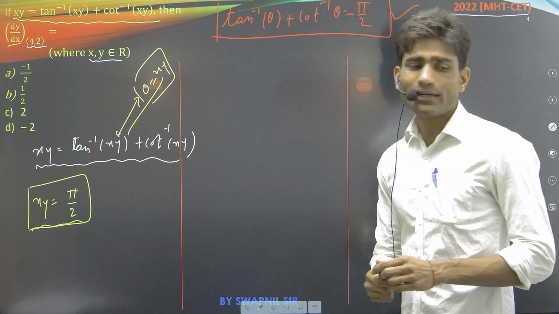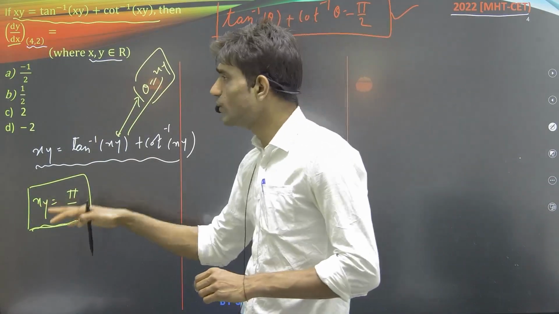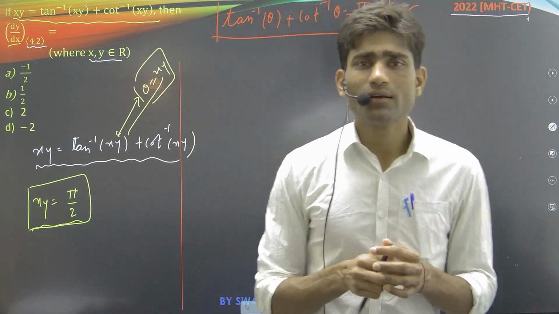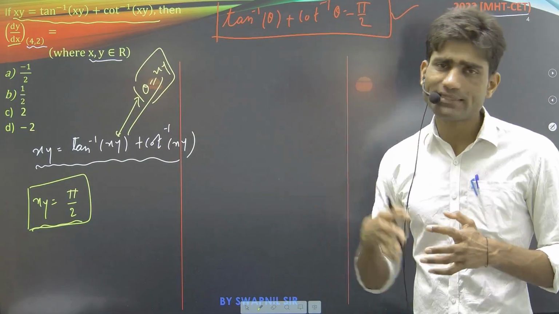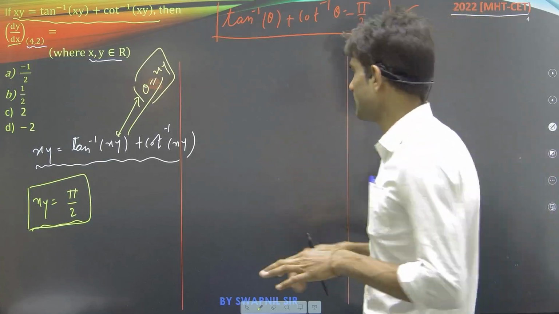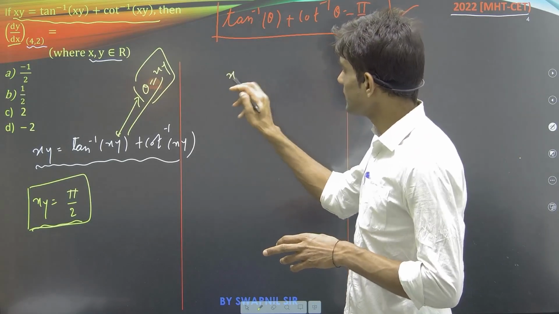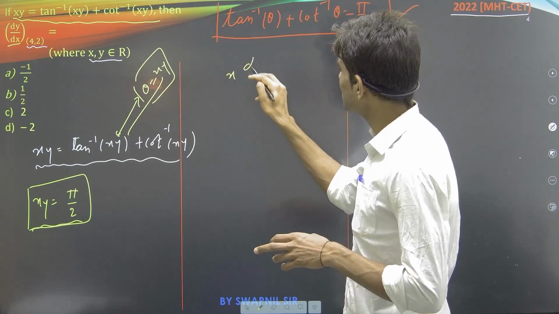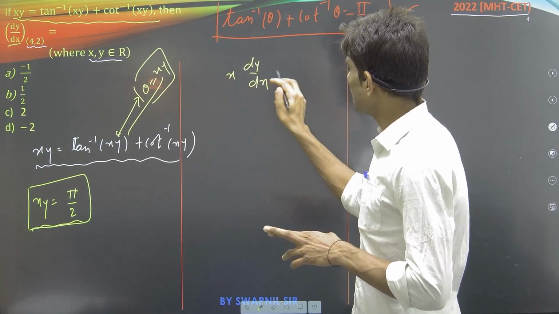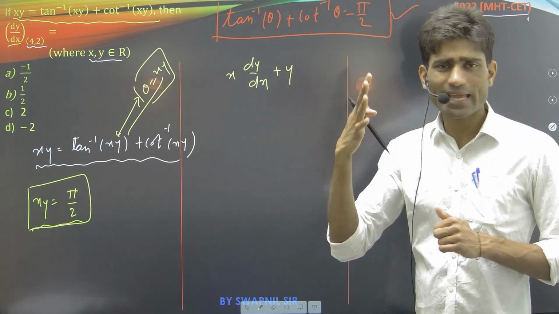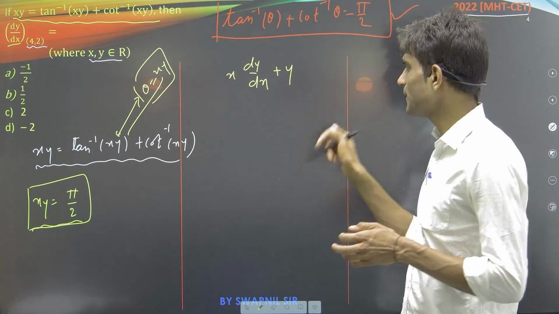For finding dy by dx, we know that in x into y we have two different functions, so apply the product rule between x and y. Keep the first function as it is, differentiate the second; keep the second as it is, differentiate the first. So first function x as it is, times the differentiation of y, which is dy by dx, plus the second function y as it is, times the differentiation of x, dx by dx, which is always 1.